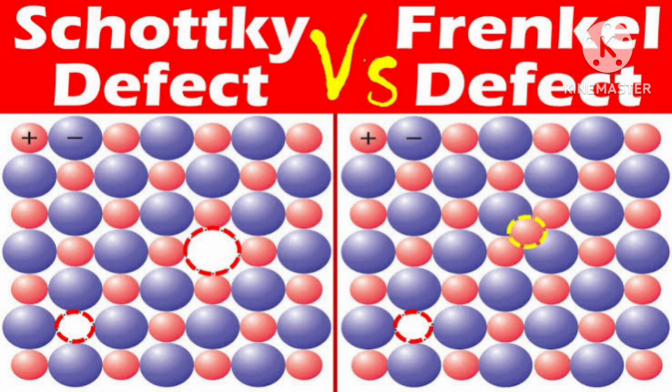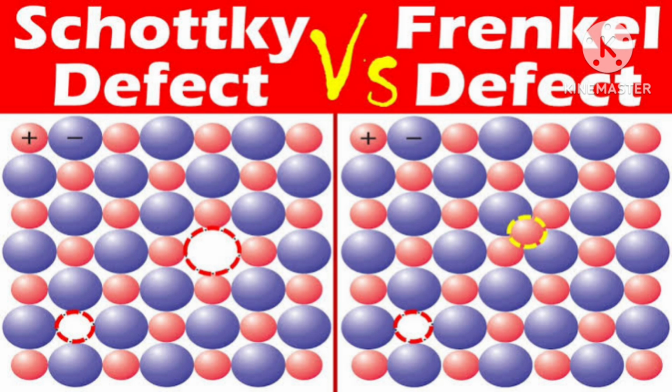Where 2 sodium could have been accommodated, now only 1 strontium is there and 1 vacant site will be there. Correct? This is important here.